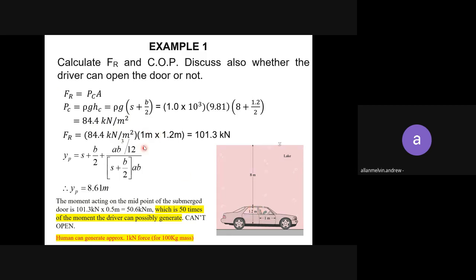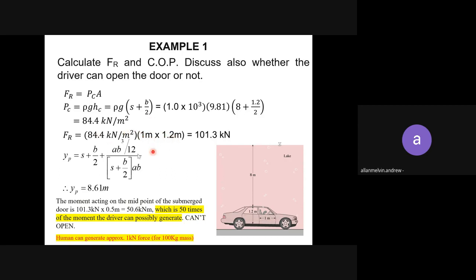Even though the car door is not a square, we still assume it is a rectangle. So it's better for you to write at the top: assume the door of the car is a rectangle. Then you can use this formula, length times width, so 1 meter times 1.2 meter.